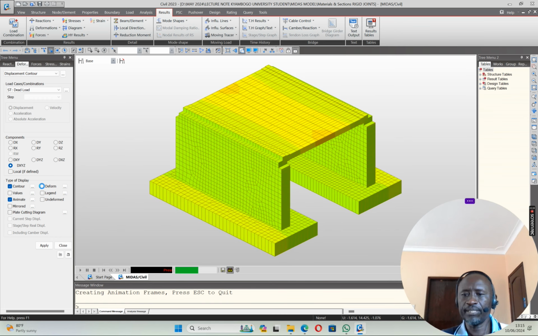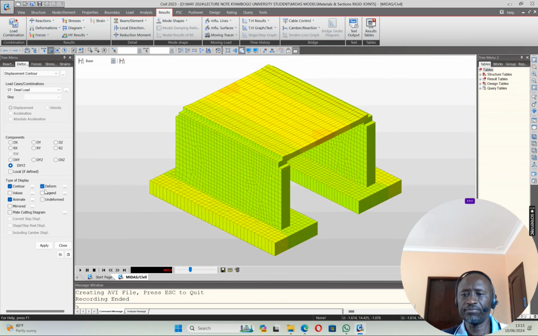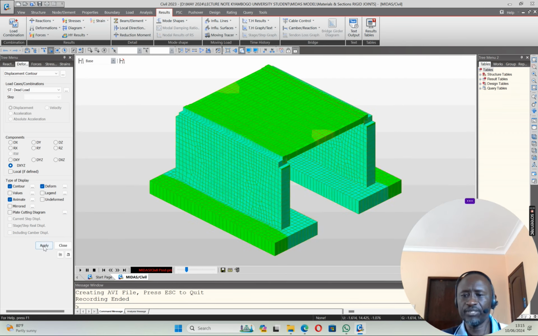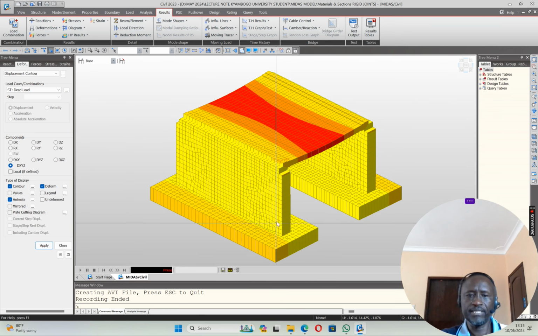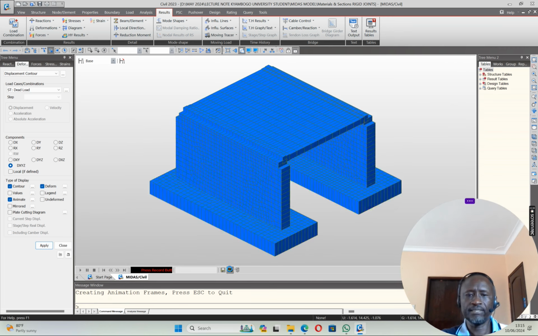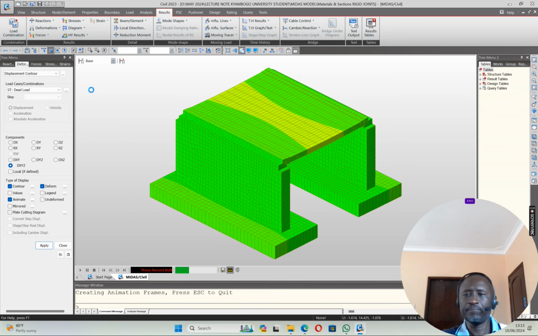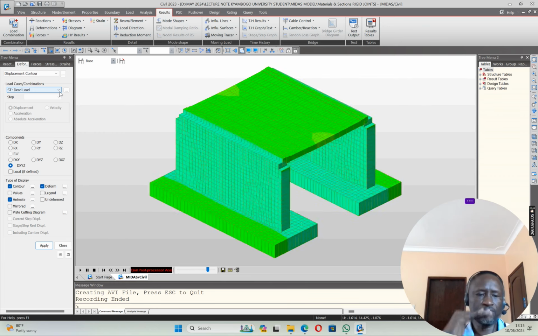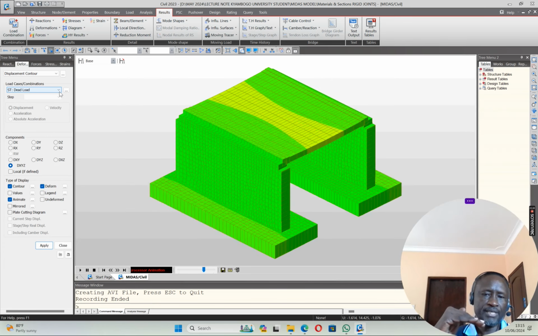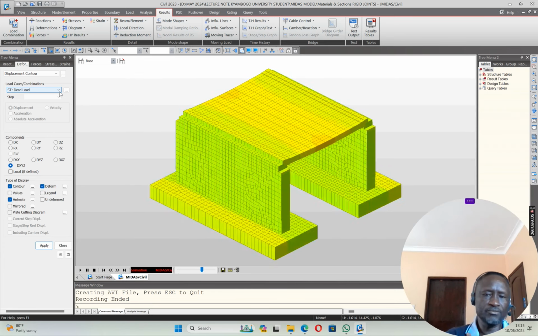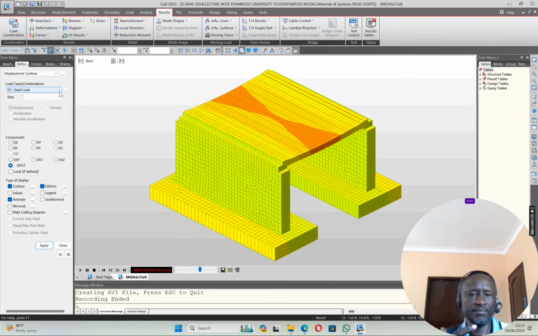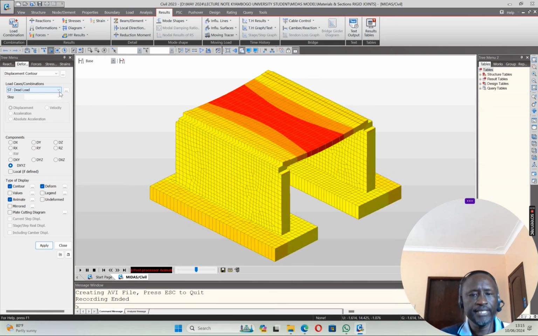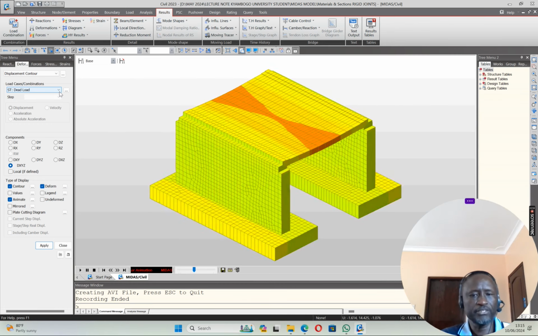So there are two ways of minimizing or controlling the deformation behind. One is using an approach slab, which is at the top of the road, unlike in most cases where you bury the approach slab under, for a proper transition.